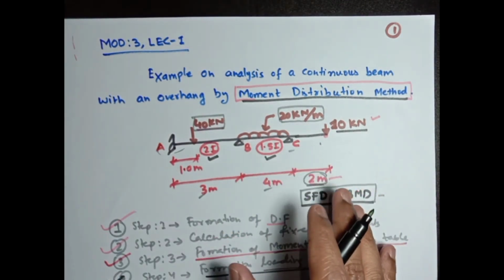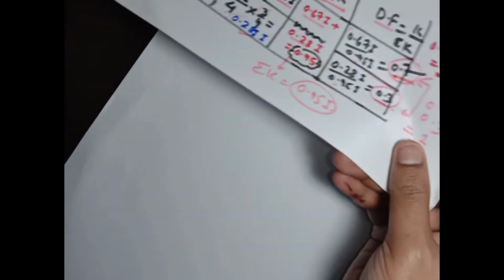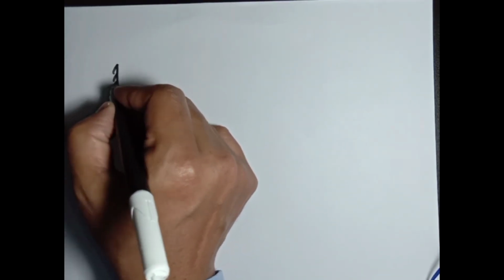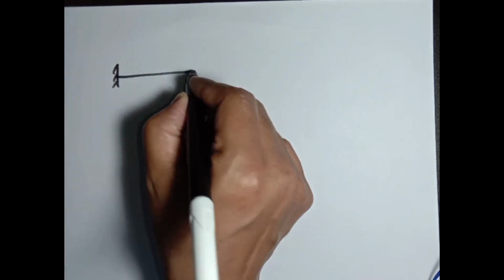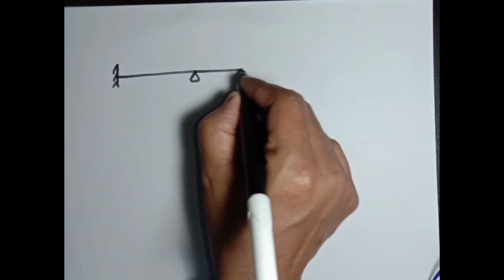Now here we are going to develop a loading diagram. So this is the member AB and this is the member BC.